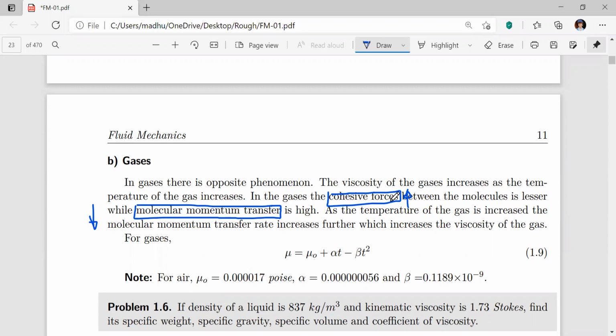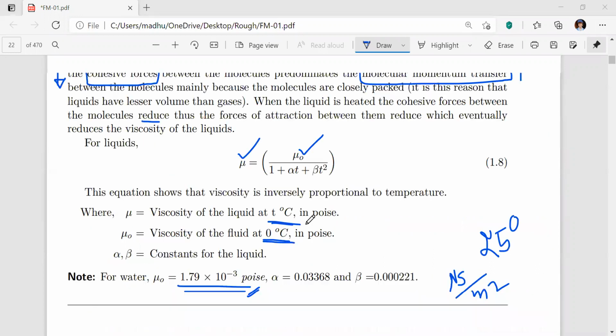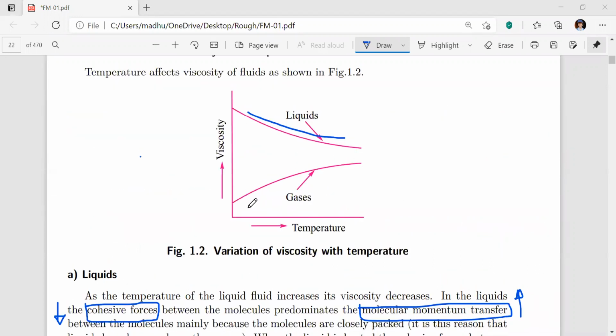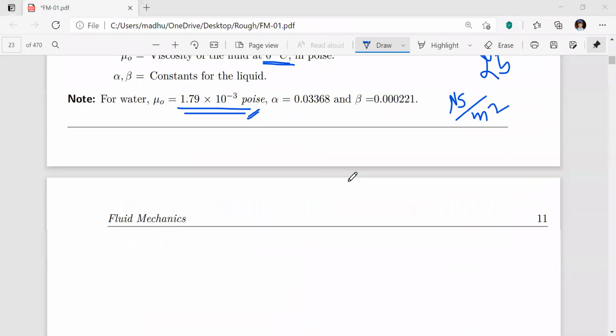In that case, attractive force increases, momentum decreases, so the dynamic viscosity of the gas increases, meaning the gas cannot flow easily.